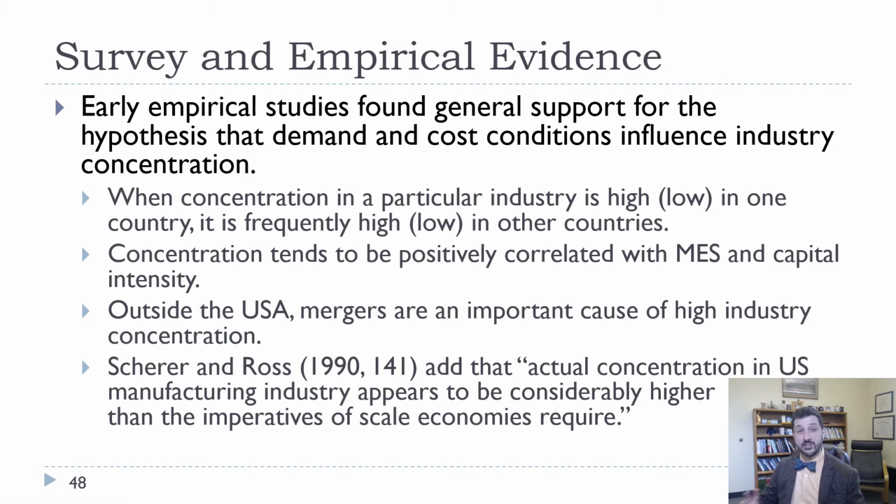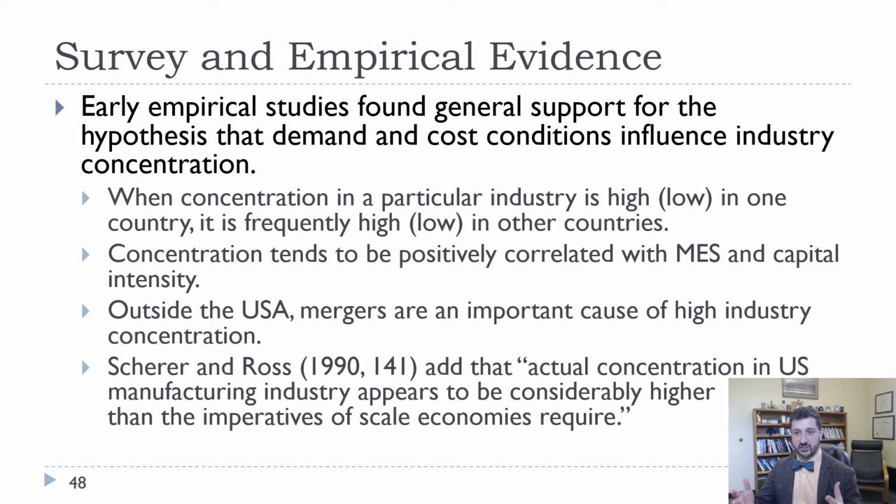So if we think about the data, early empirical studies did find that demand, so how much demand there was, market size, as well as cost conditions do influence industry concentration, so that when concentration is high, it is also high in other countries around the world, which supports technology and cost arguments. Concentration tends to be positively correlated with the minimum efficient scale and capital intensity.